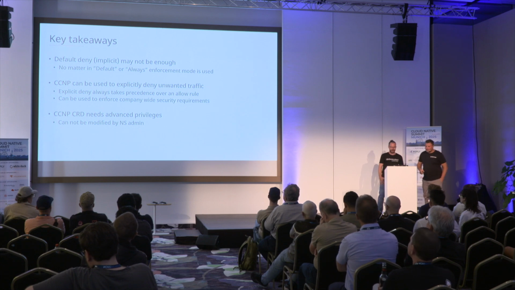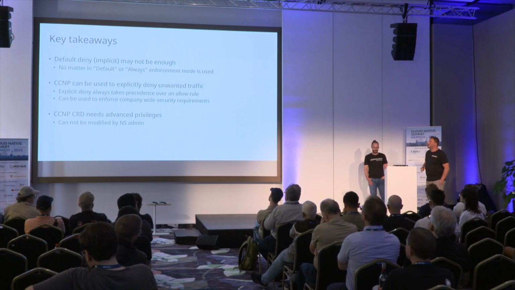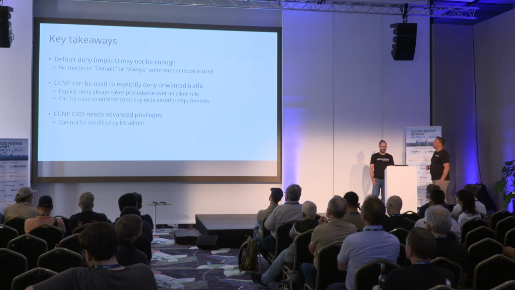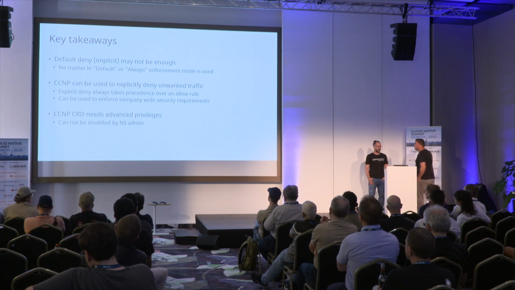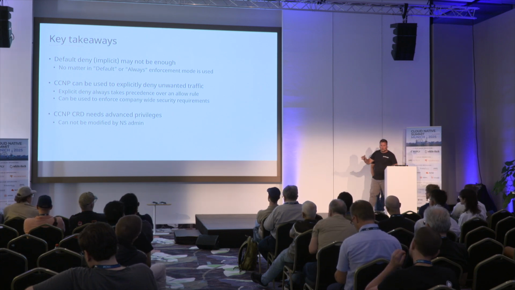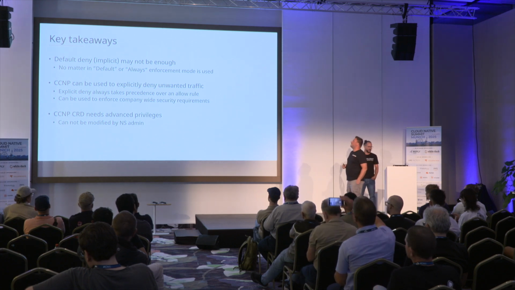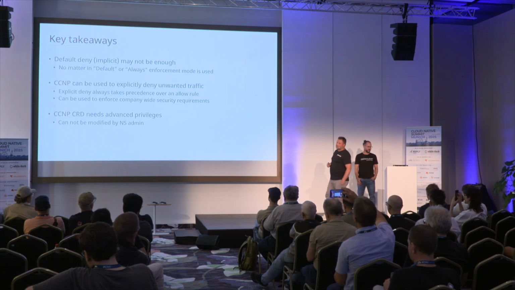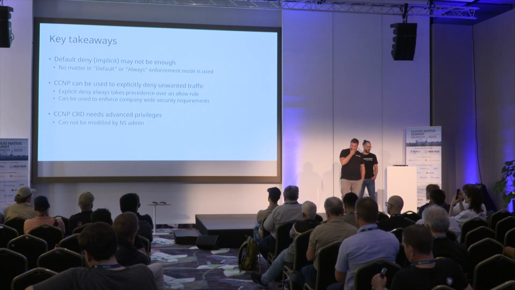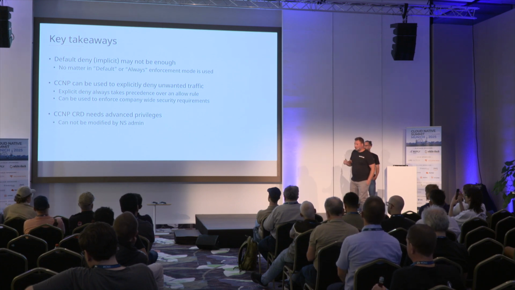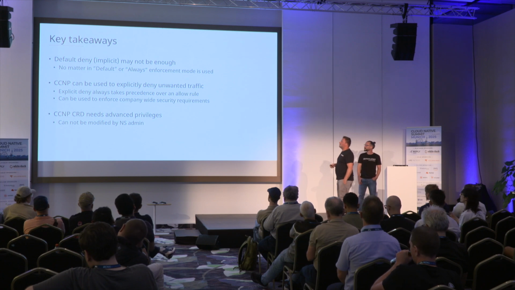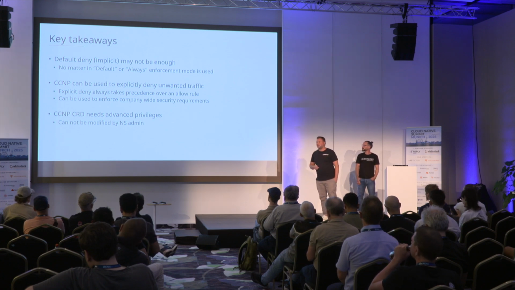Okay, so our key takeaways for today. First is the default deny. The implicit one is not enough because it can always be overwritten, in both modes of Cilium, default or always mode. The CCNP, the cluster-wide network policy, can be used to deny unwanted traffic. And the explicit deny always takes precedence.